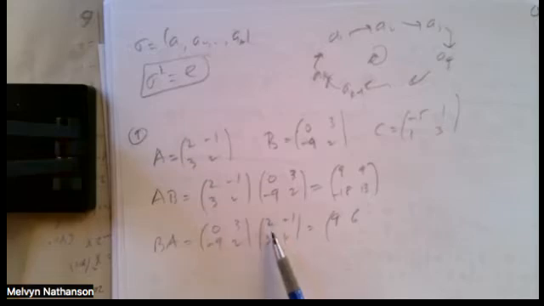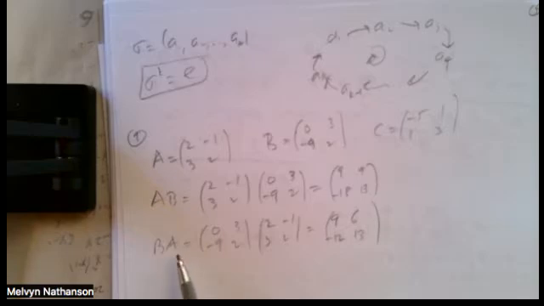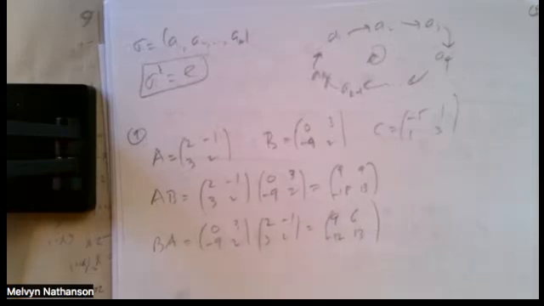Minus 18 plus 6 is minus 12. 9 plus 4 is 13. So if I did this arithmetic correctly, this is what I get. And you'll notice AB is different from BA, because in general, matrix multiplication is not commutative.